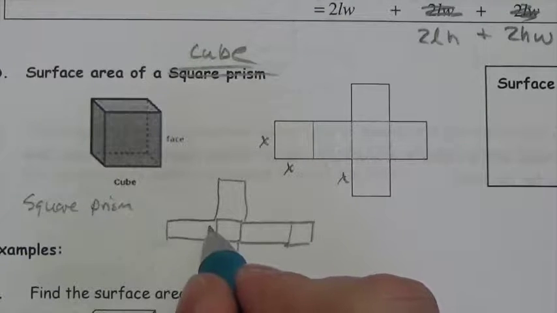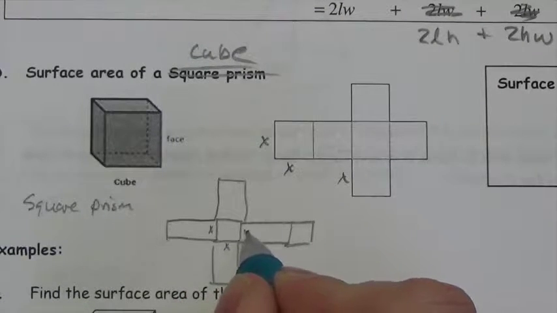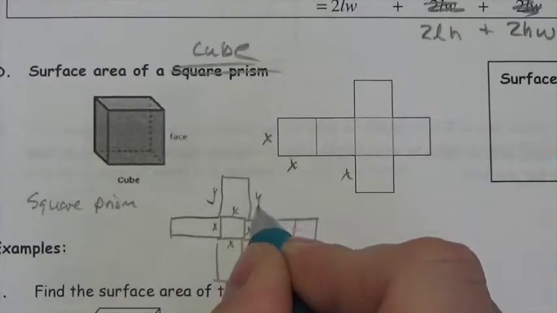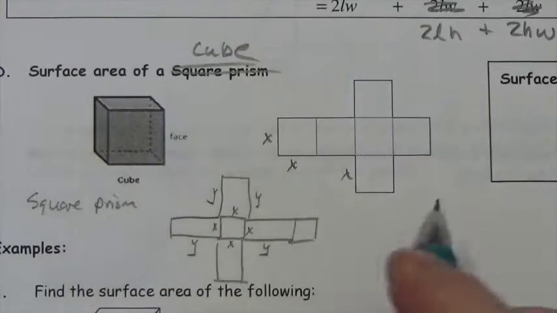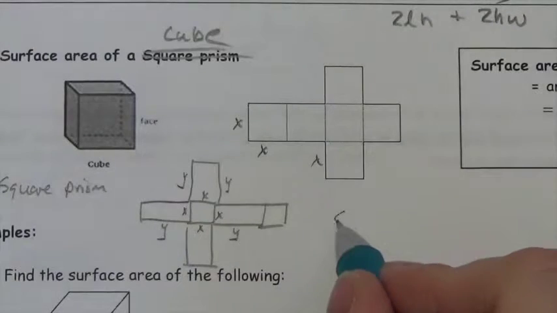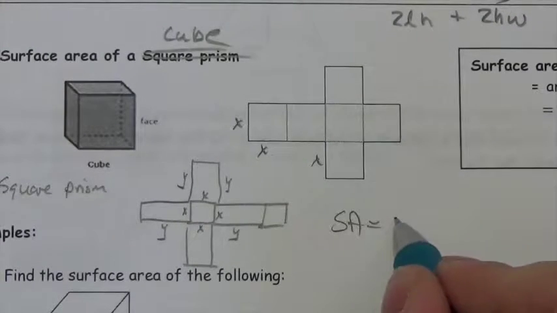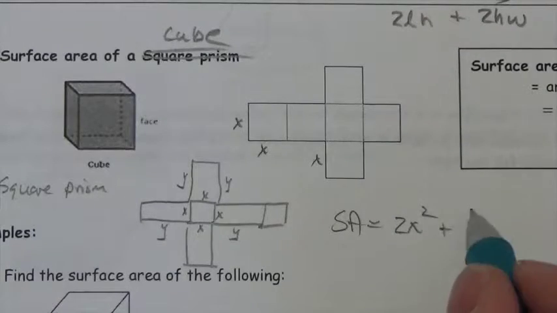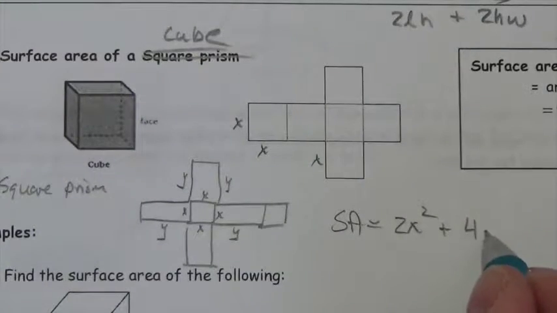So this is maybe, let's say, x, x, x, x, and then this is going to be y. The length of each of these would be y here. And now the surface area would be 2x squared for a square prism, and then each one of those sides, and there would be 4 of them, they'd be exactly the same, will be x times y.